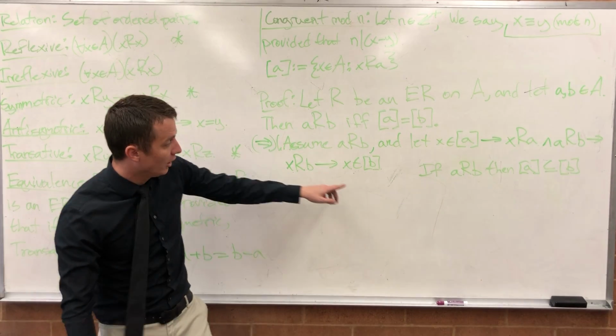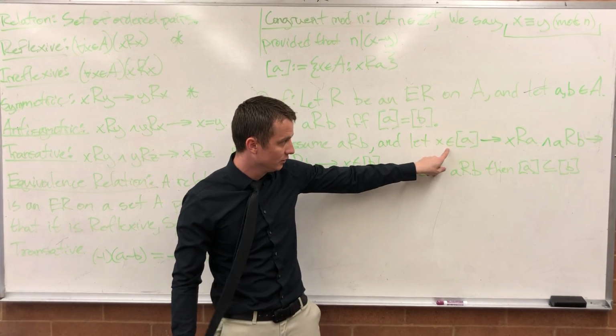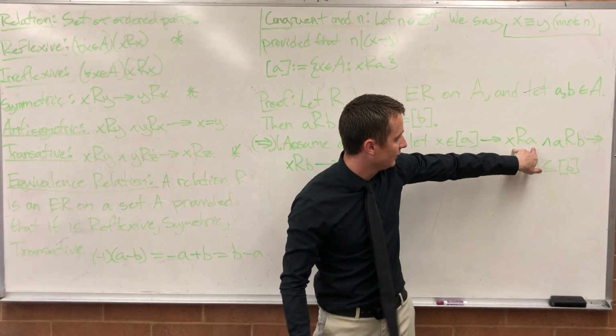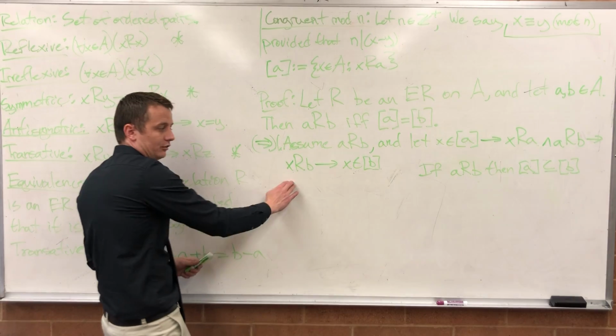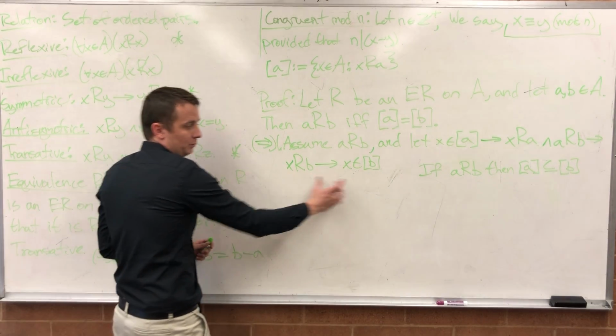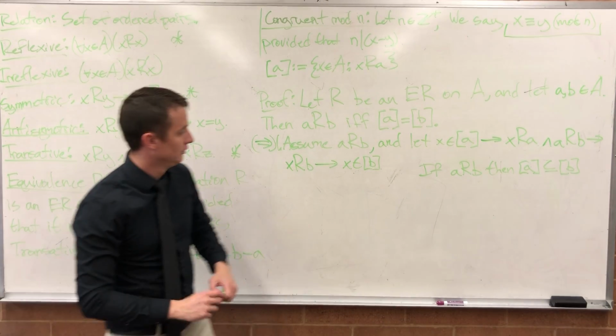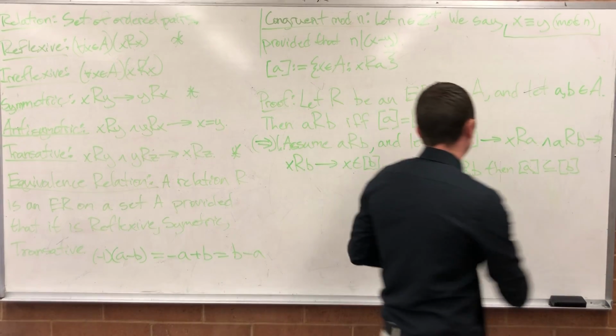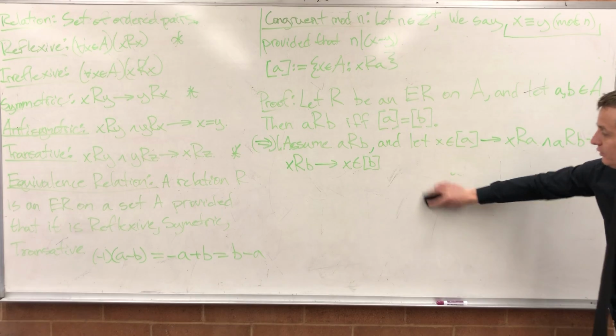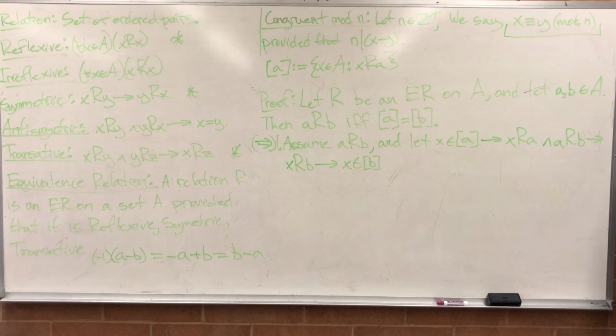We grabbed a random element out of here, called it X. Since it was there, X was related to A. We were assuming A is related to B, so X related to A and A related to B implies X is related to B. What does it mean for X to be related to B? It means it's in B's equivalence class. So everything in A's equivalence class is in B's equivalence class. Now we need to do the other direction. We need to show that everything in B's equivalence class is in A's equivalence class.